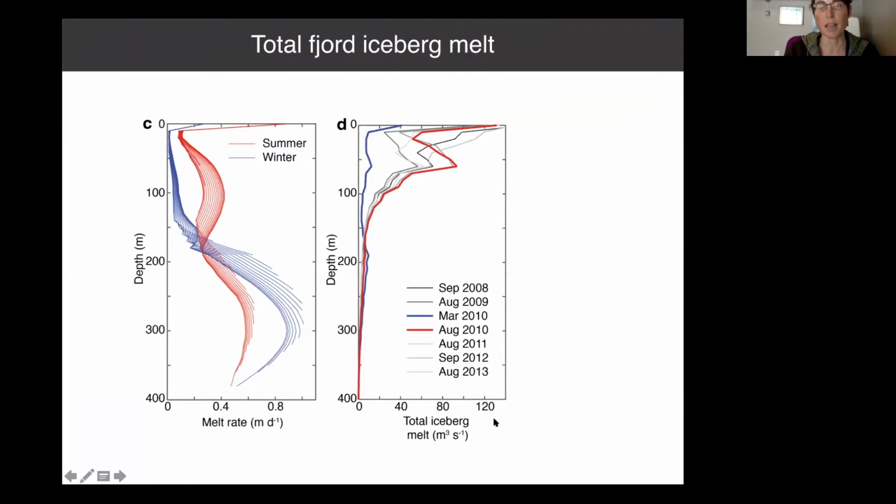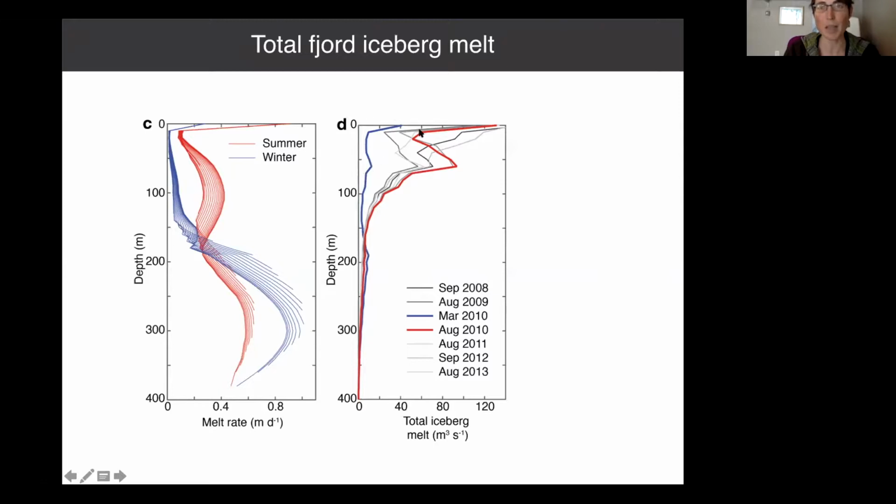So in this case, we're summing up the melt that's happening from all of the different icebergs of different sizes throughout the fjord. You can really get the sense that our icebergs tend to be shallower keel depths, so we're losing some of that big melt signal we have here. Although in winter, highlighted in blue, you can see we're getting melt at depth that approaches what we see in this mid-surface layer.